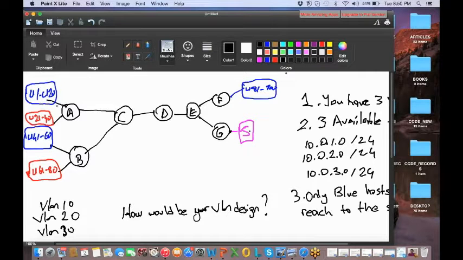That's why we need to identify within that VLAN who the blue users are and permit just the blue users. This was the constraint.